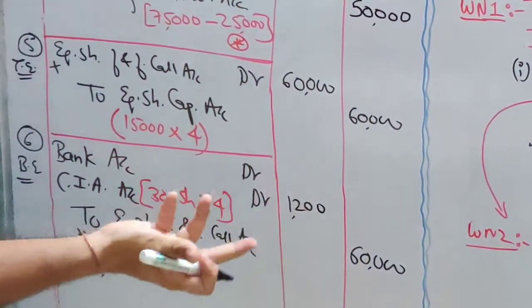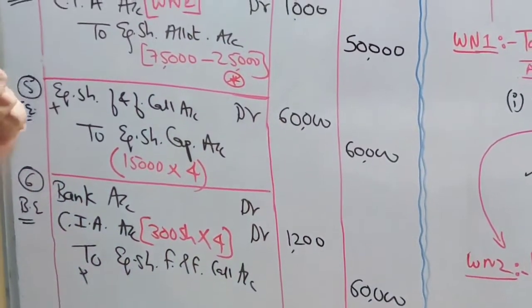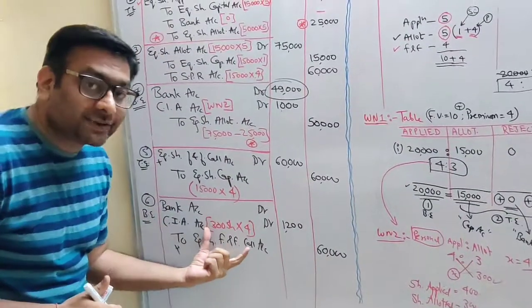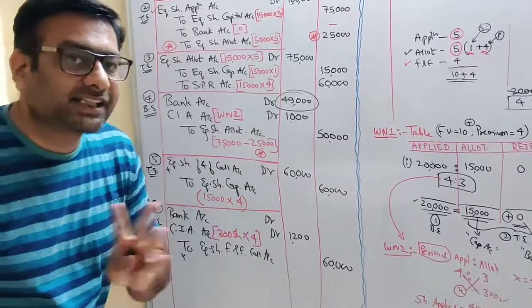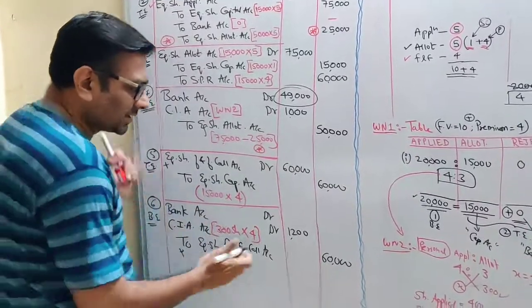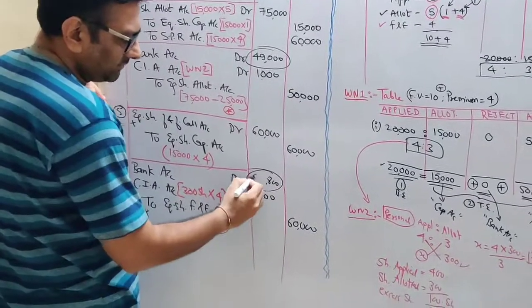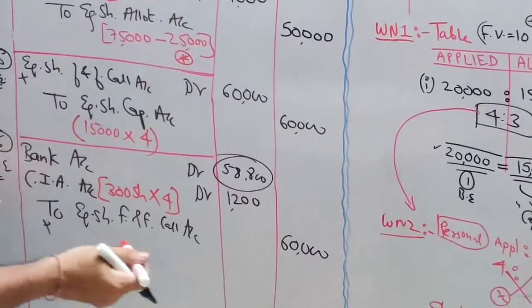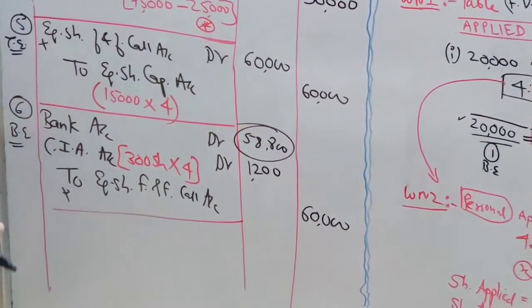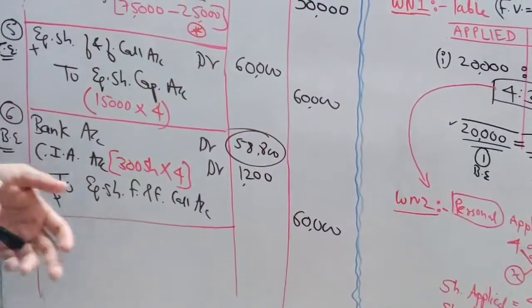So directly you will get the arrear. It is not required to make a working note again. Why, students? Because there is no excess money left. Understood this? Now write the balancing amount. 58,800. So this is how we have solved this question.